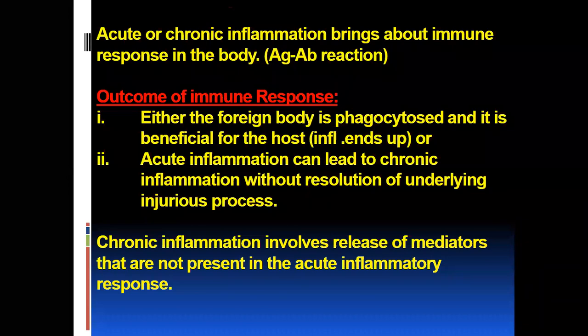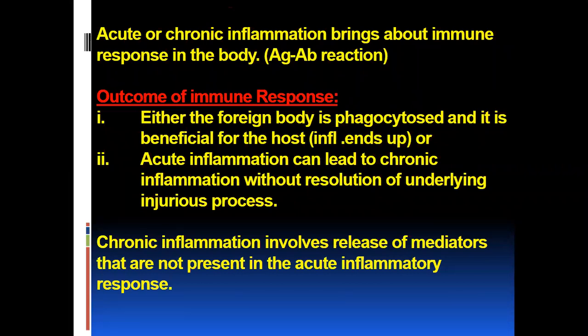The outcome of the immune response occurs in two ways: either the foreign body is phagocytosed and it is beneficial for the host because inflammation ends and recovery occurs, or acute inflammation can lead to chronic inflammation without resolution of the underlying injurious process.